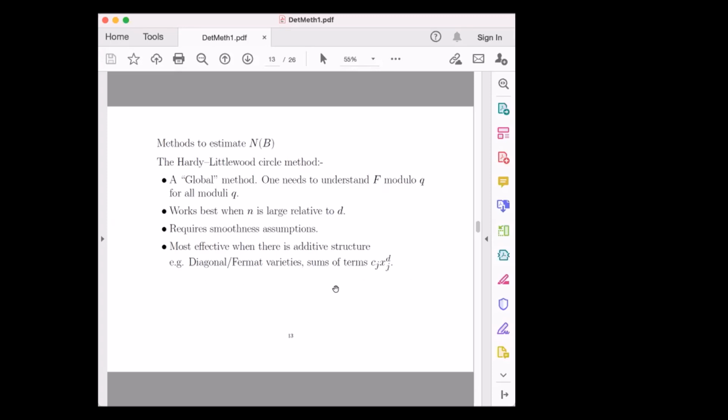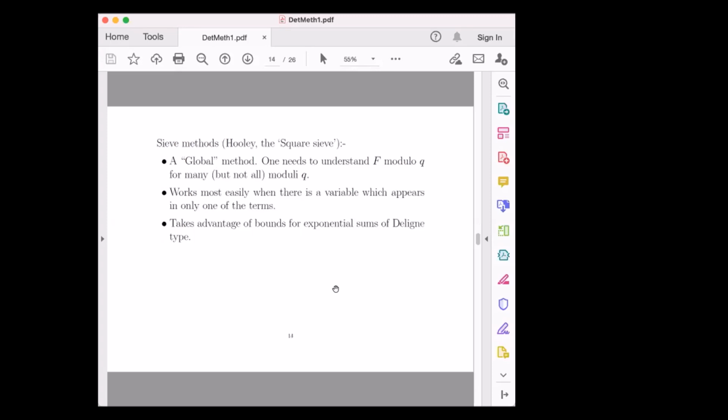It works in other situations, but that's when you get the best results. One can also use sieve methods. These were initiated by Hooley. The square sieve is the best known version of this. This again is a global method in the weaker sense that one needs to understand f modulo q for many, but not necessarily all moduli q.